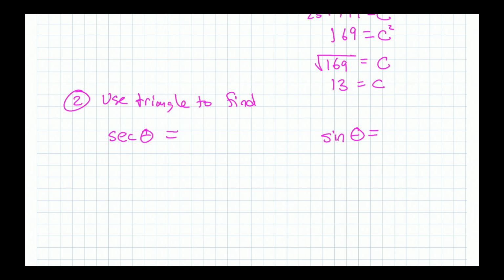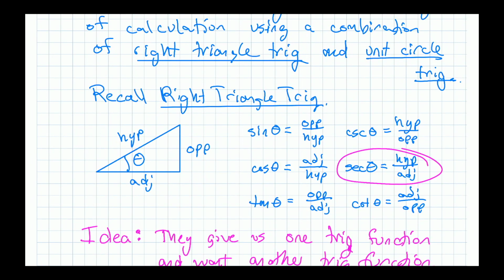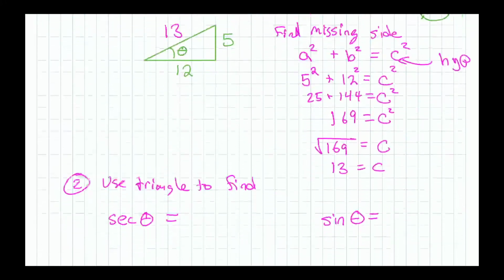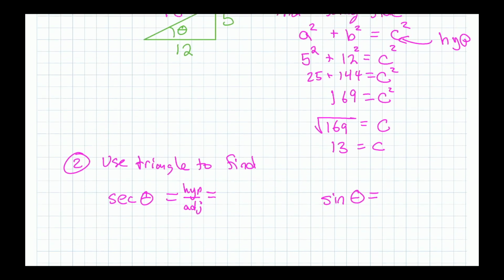How do we get secant theta? So again, we're using a right triangle. So secant theta is hypotenuse over adjacent. Okay, so what side is what?